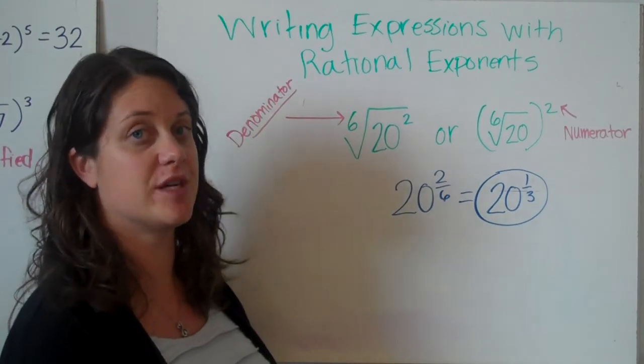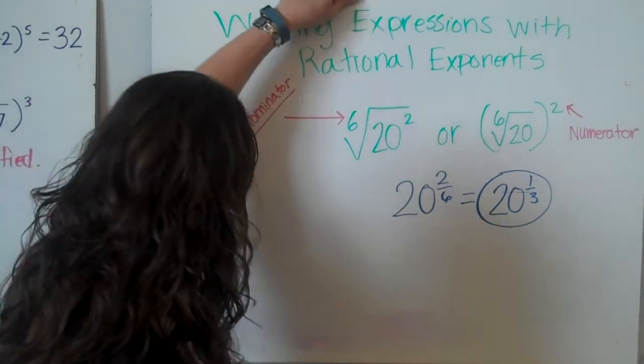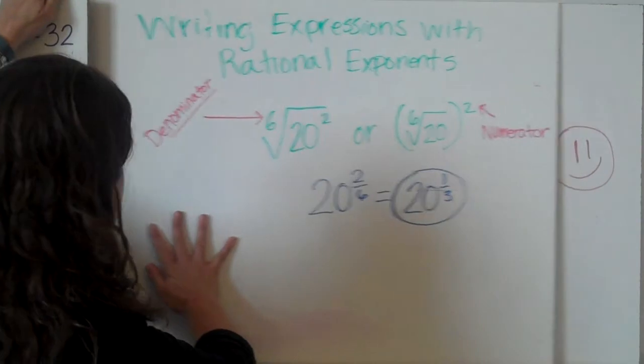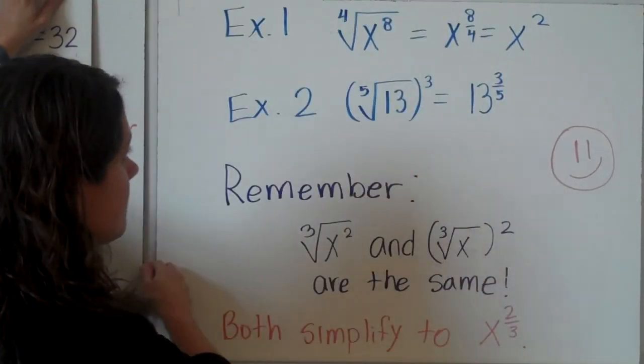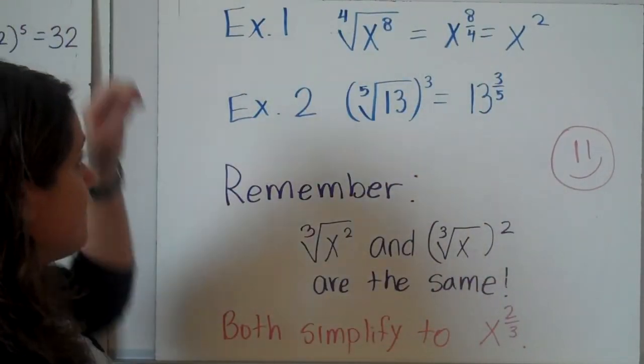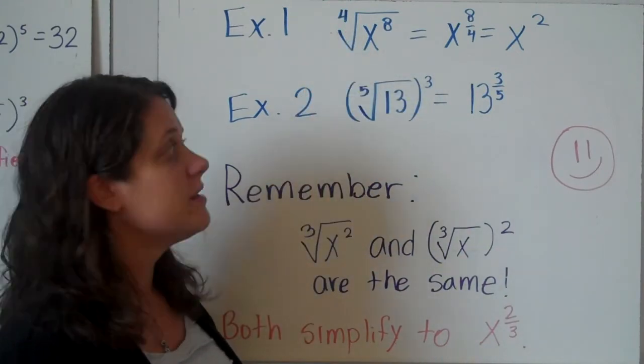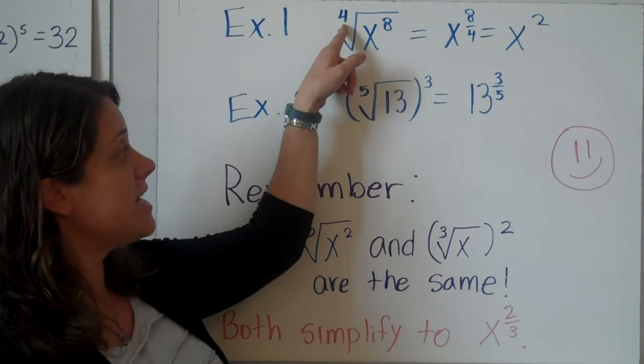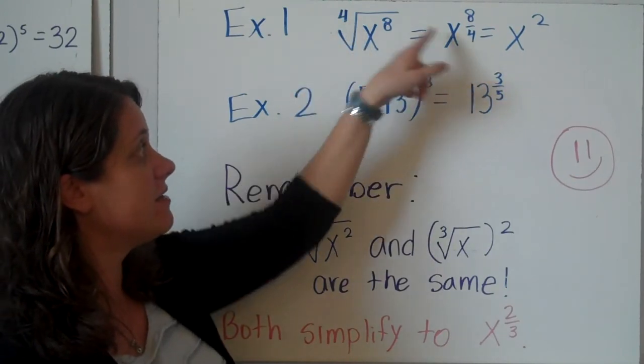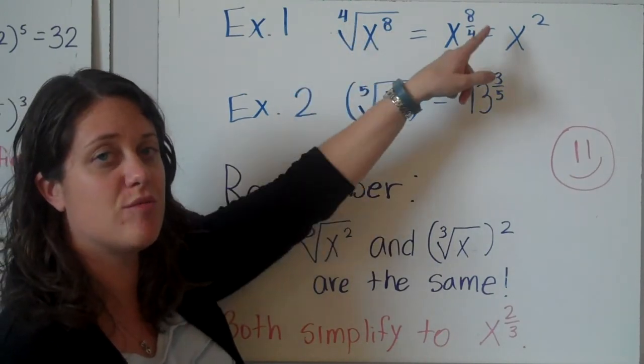So let's look at some further examples. Example 1. I have the 4th root of x to the 8th. The index becomes the denominator, and the exponent becomes the numerator.